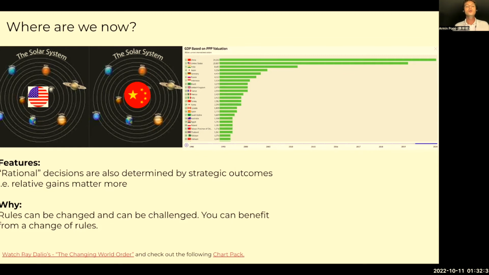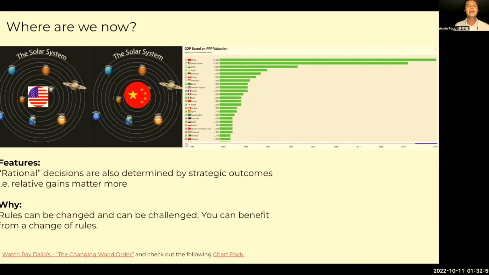Okay, so your win compared to someone else, whatever the win really is. And why is that? Well, if you understand that these two nations look very similar, and their capabilities are very similar, then rules can be changed.